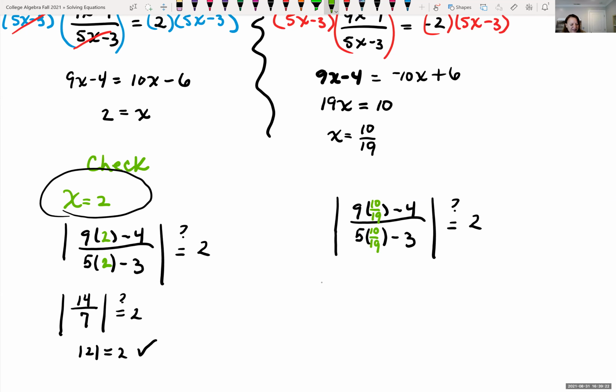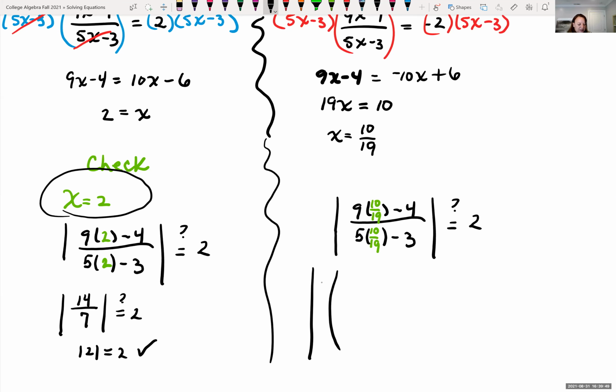So we basically have this complex fraction, fractions within fractions. And there's a couple of ways that we can deal with this to make it so it's not complex. I personally like to multiply by a fancy one to clear my denominators. And I multiply by the LCD of the fractions within the main fraction. And so looking at this, my LCD is 19.